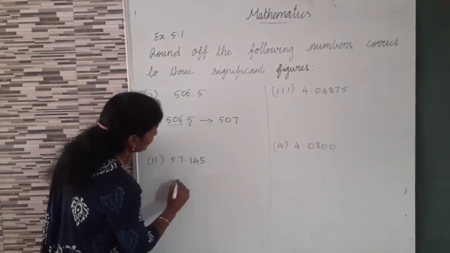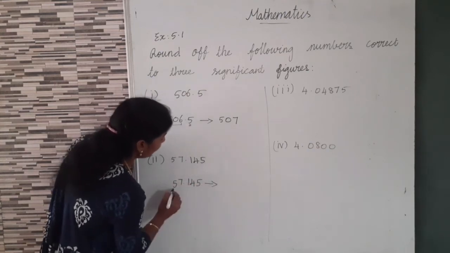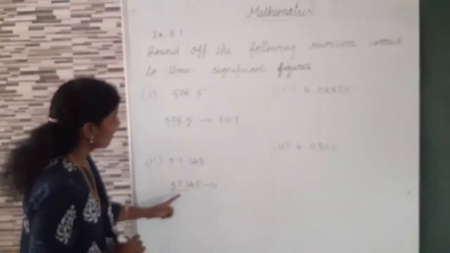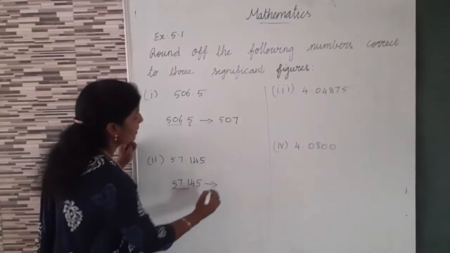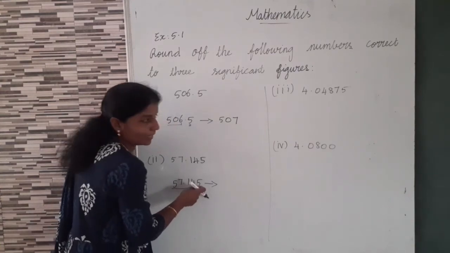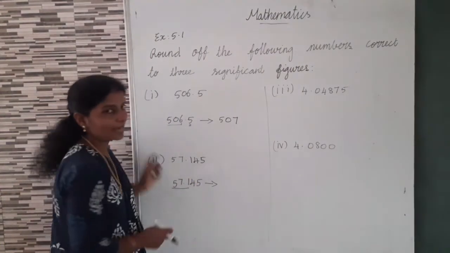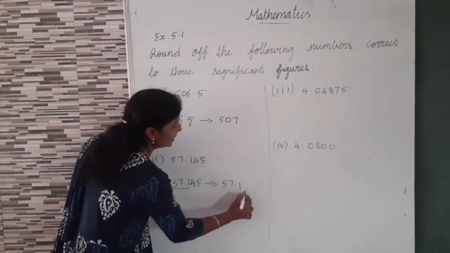Now listen, we need only 3 significant figures. Fourth one is below 5, less than 5. So no need to add any one, number n plus 1th term, then remaining any significant figures we can omit. So 57.1 is the answer.